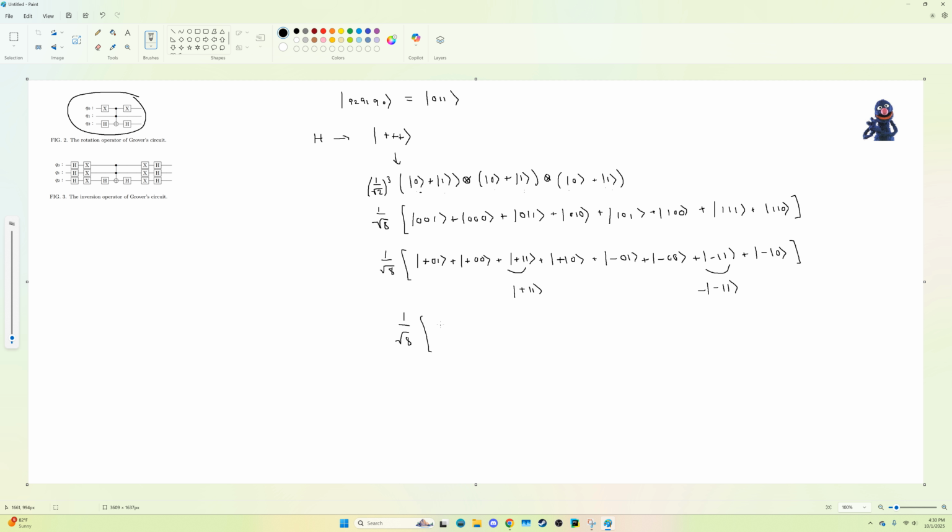So we have plus 0 0, plus 0 1, plus 1 0, plus 1 1, plus minus 0 0, plus minus 0 1, and then we have a negative now that we pulled out from right here, so it is minus 1 0 and plus minus 1 1.